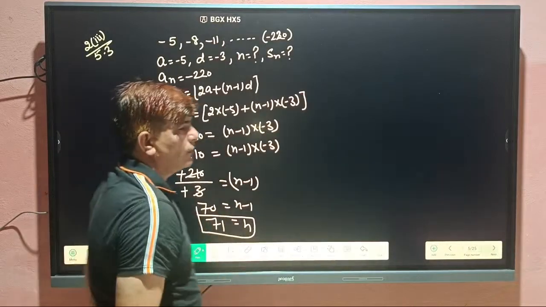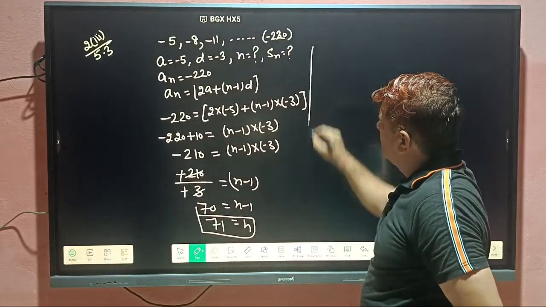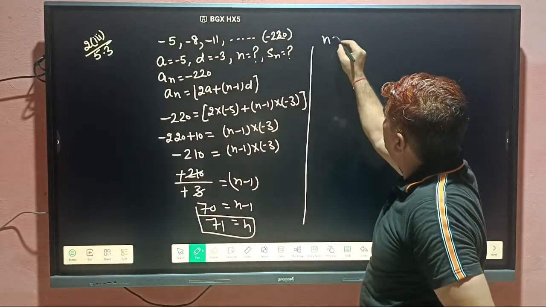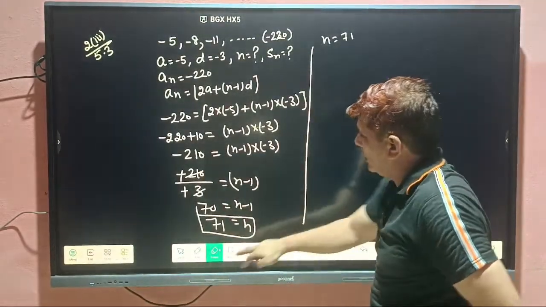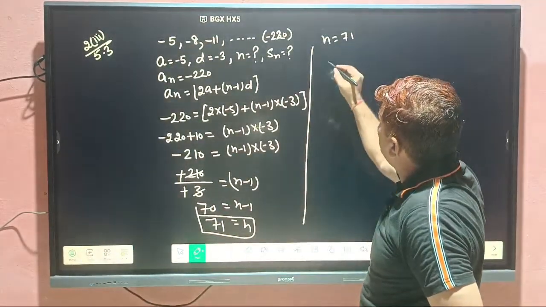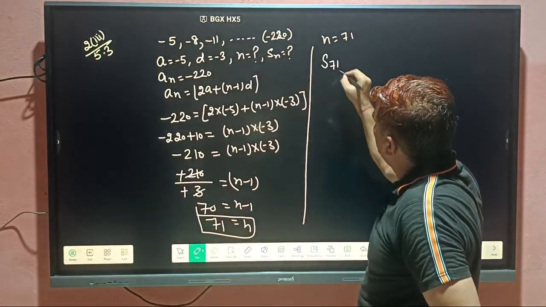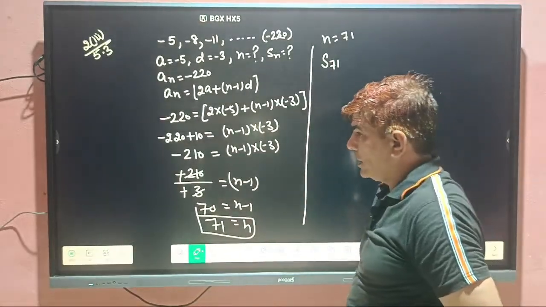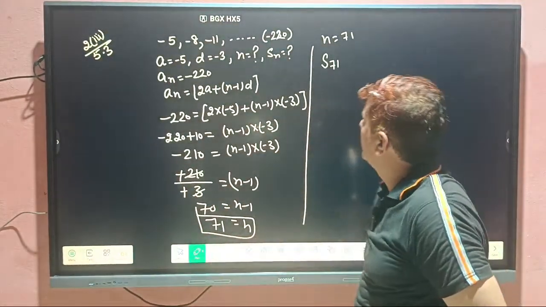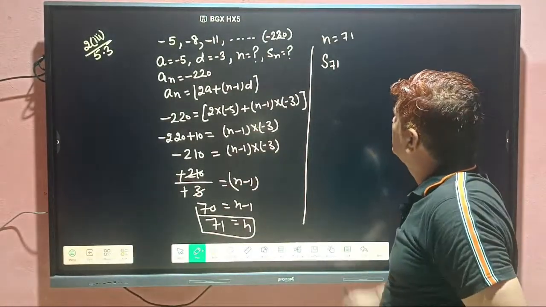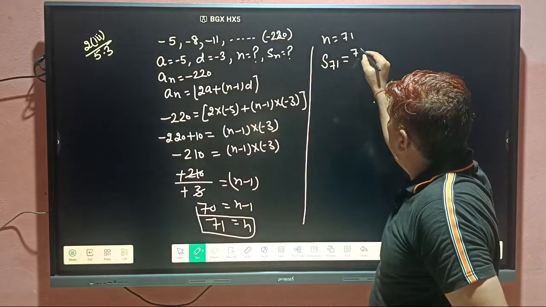So we have to find out S_n. S_n equal to how much? n equal to 71. Now we can apply whichever formula we want. We have to find the sum of the first n terms of the given AP, S71. So how can you solve? This is equal to n by 2, 71.